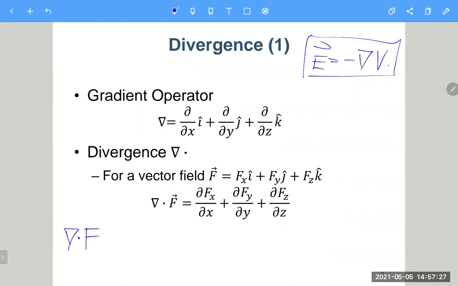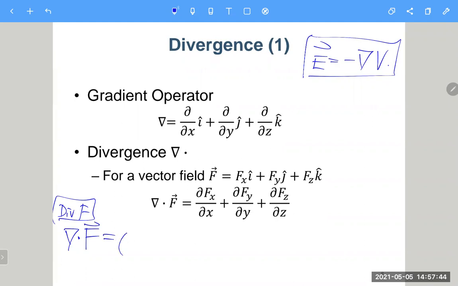It is like gradient dot f, which we usually call the divergence of f. Some textbooks will write it like this, but I used to write it as gradient dot f.